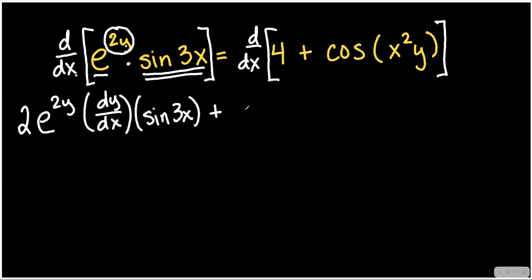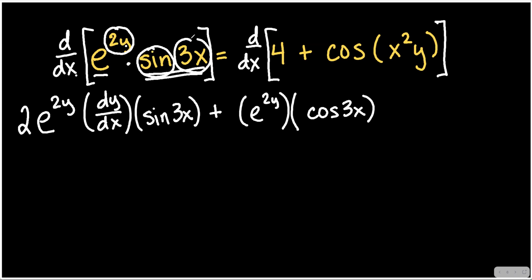Now I'm going to leave the first one alone. So the e to the 2y is left alone. And now I'm looking at what's the derivative of sine of 3x? Well, the derivative of sine would be cosine. And the derivative of 3x would just give me 3. And because these letters do match, I don't have to worry about the implicit piece.